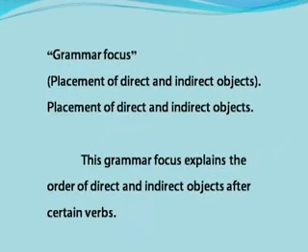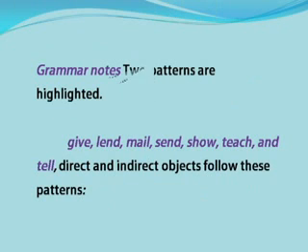The next item we are going to learn is grammar focus, placement of direct and indirect objects. This grammar focus explains the order of direct and indirect objects after certain verbs. Grammar notes: 2 patterns are highlighted.